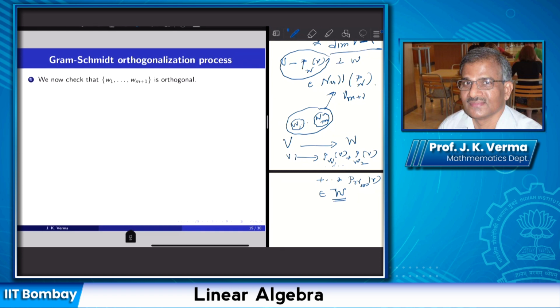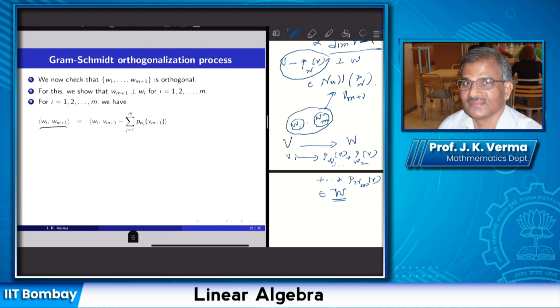We wanted to enlarge a given set of vectors into an orthogonal set of vectors, and this is what we did. We constructed this Wm plus 1 from Vm plus 1. So let us show that this is orthogonal. W1 up to Wm are mutually perpendicular, nothing to check. We have to only show that Wm plus 1 is perpendicular to every Wi. So you take the inner product of Wi with Wm plus 1, and we want to show it is equal to 0.